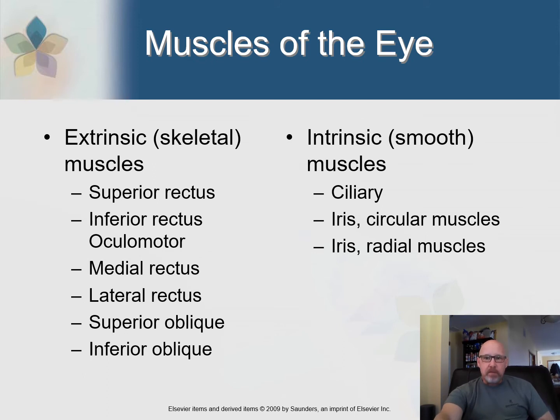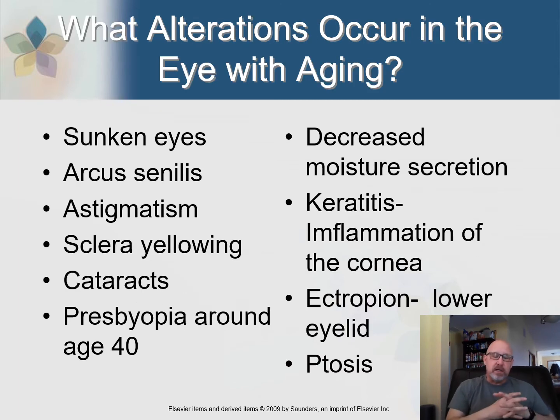So there are both extrinsic and intrinsic muscles that are working within the autonomic system, and some of these things you will have control over, some of them you won't. Now, if you look at table 25-1 on page 573, it'll show you the actual eye muscle in coordination with the controlling cranial nerve.